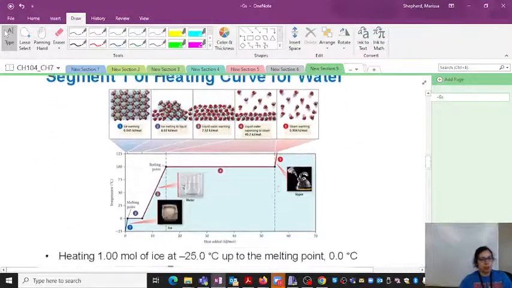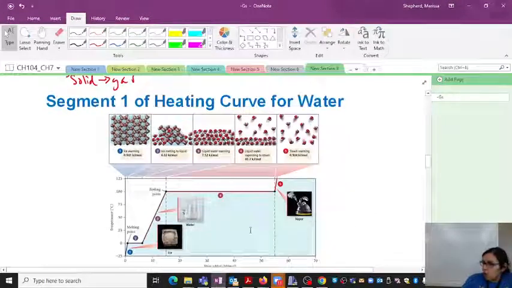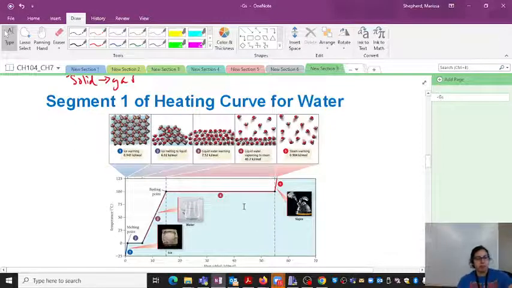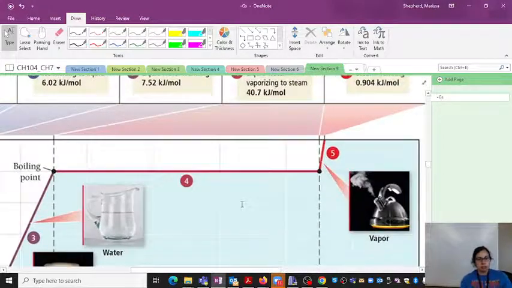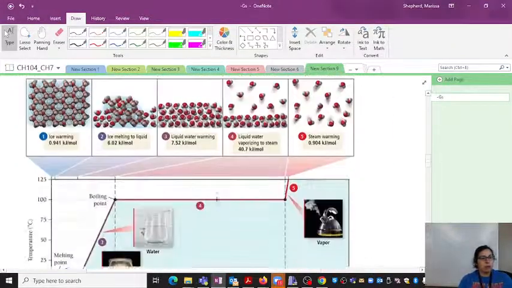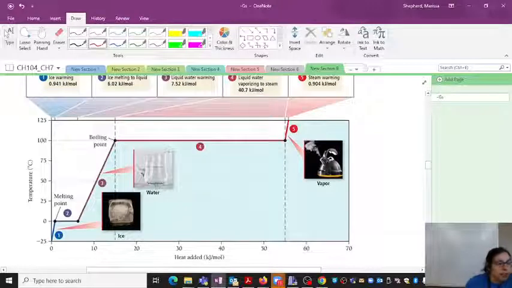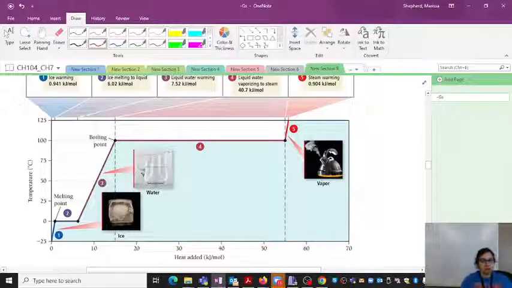All right, so now we'll go through this whole heating curve of water step by step so you know how to do it. Our overall goal of this transformation is to start at negative 25 degrees Celsius of solid ice, and then eventually go all the way to 125 degrees Celsius for our steam.